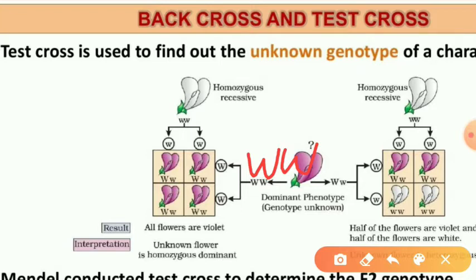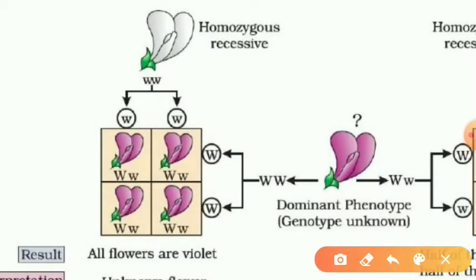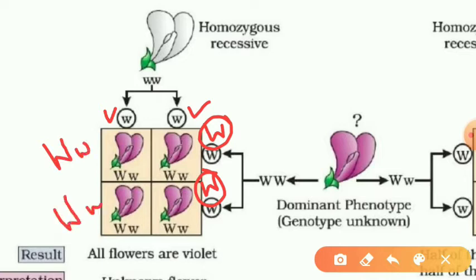Then after the formation of gametes, the recessive allele, or the white flower, produces two gametes, small w, but the violet colored flower produces capital W and capital W, two gametes. Then they produce the progeny, Ww, Ww.